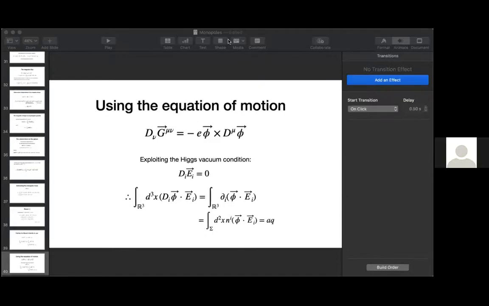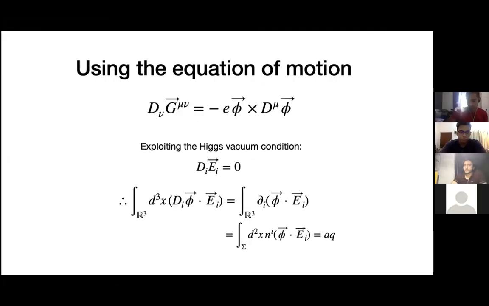So now let's go back to my slides here. Well, I called it E on the paper, but it's Q here. But you get what I mean. I'm using Gauss's law again.